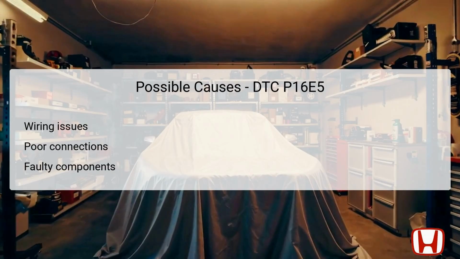Additionally, faulty components, either within the LIN system, like the DC-DC converter or PCM, or associated sensors, can trigger this DTC. Identifying the exact cause is essential to ensure accurate repairs and restore proper operation of the communication system.